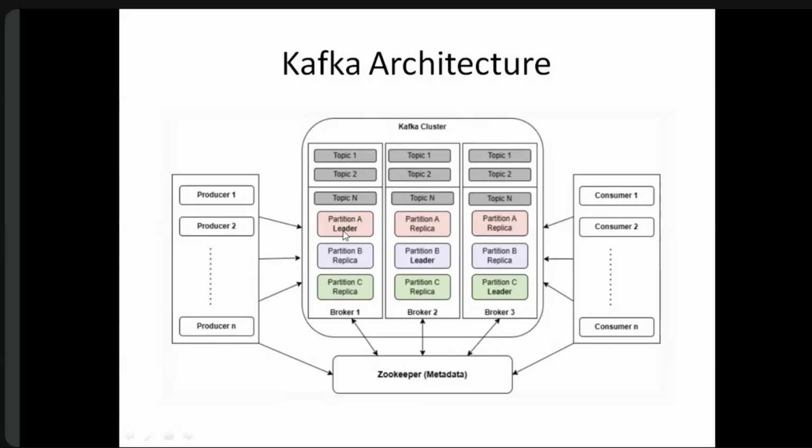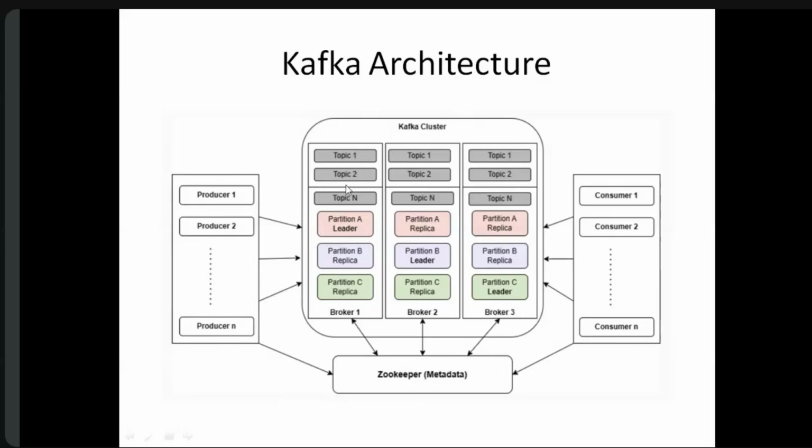Now below we can see there are partitions also: partition A, partition B, partition C. You can see broker 1 is holding three partitions: partition A, partition B, partition C. So what are these partitions? For example, for topic 1, I created three partitions.